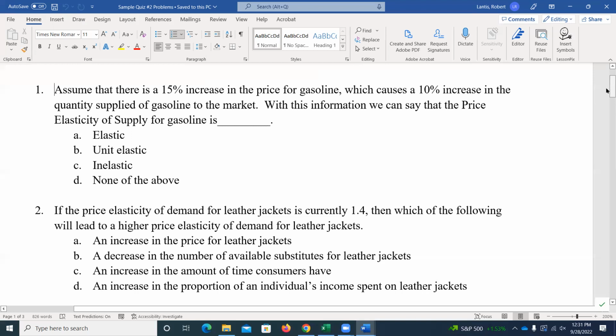Well, who is more inelastic? Or who is closer to zero? Supply. So in that situation, producers bear more of that burden because they're more inelastic, or their elasticity is closer to zero.